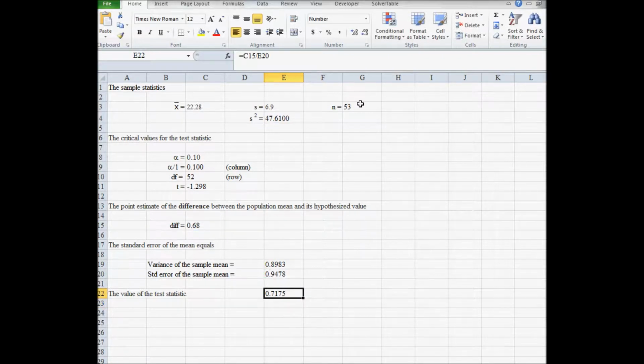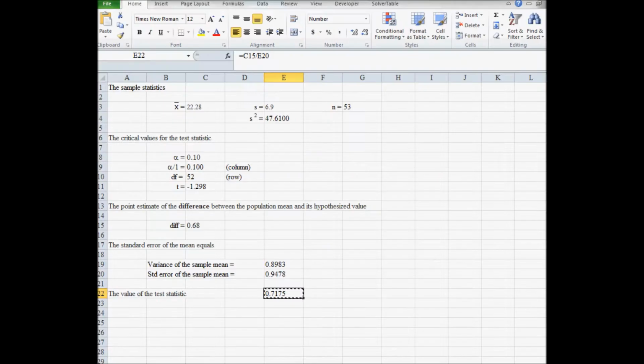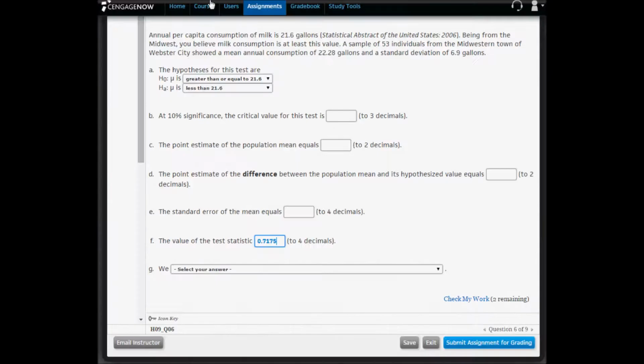So I'm going to copy these one by one into Cengage now, starting with the test statistic. The test statistic to 4 decimals is 0.7175. The standard error to 4 decimal places is 0.9478.